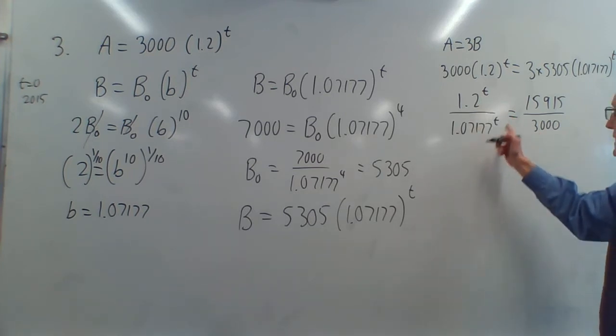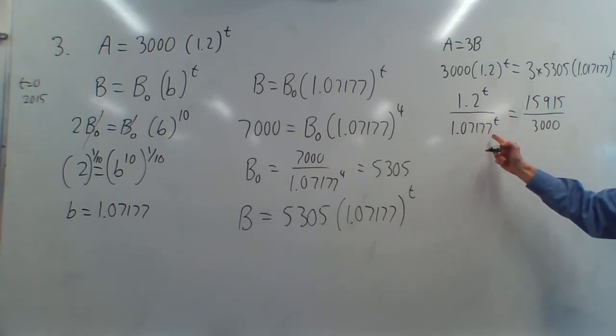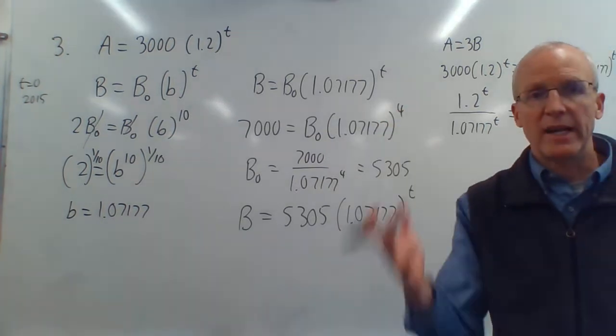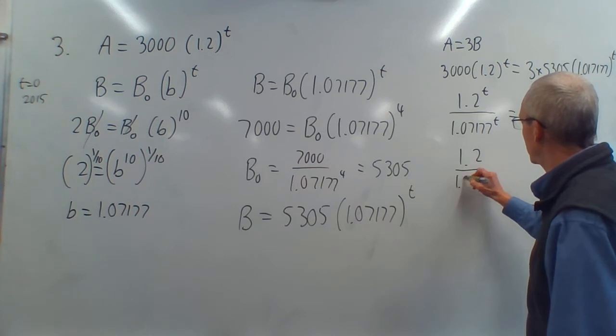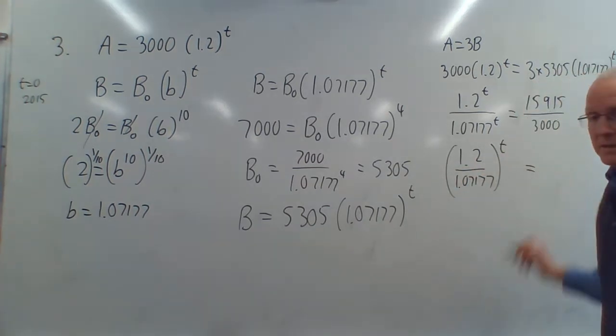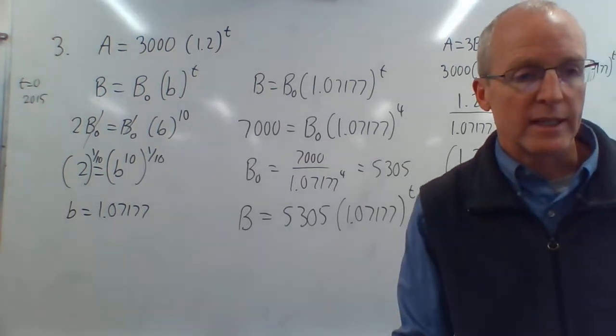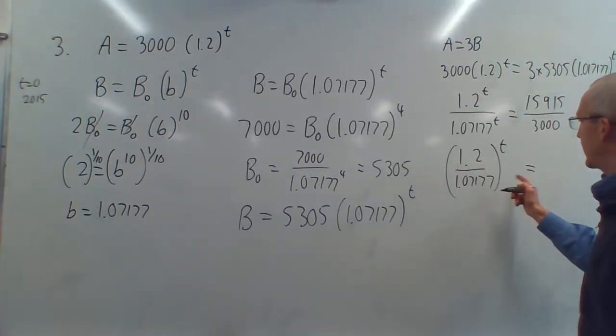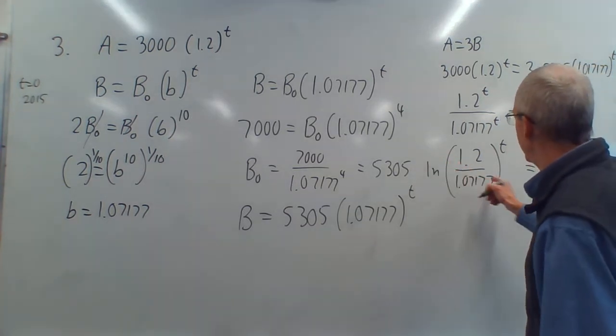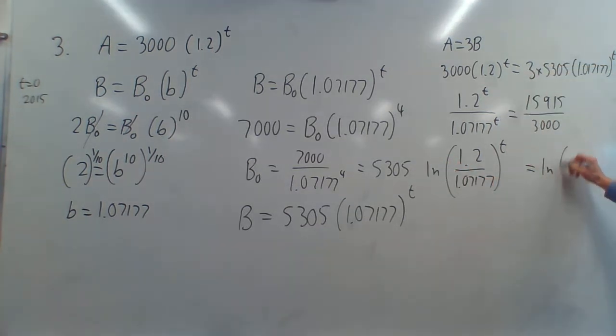The way you solve this is you put them as one thing. Something to the T divided by something to the T is like the whole thing to the T. So 1.2 divided by 1.07177, all to the T, equals 15,915 divided by 3,000. And then you take the ln of both sides.